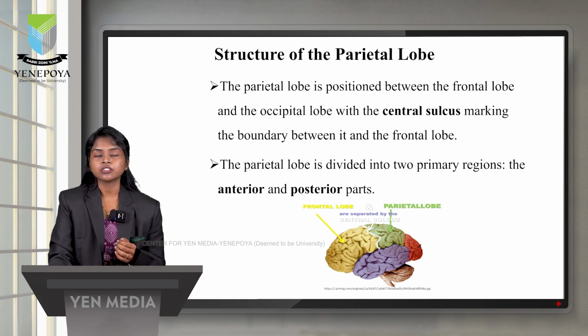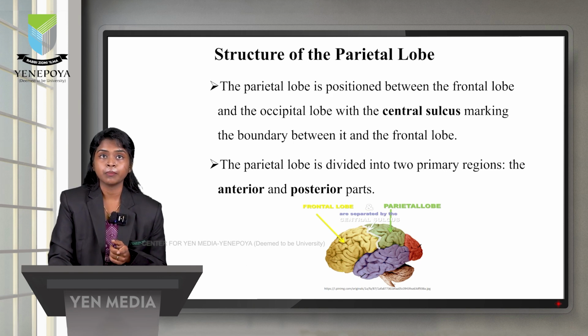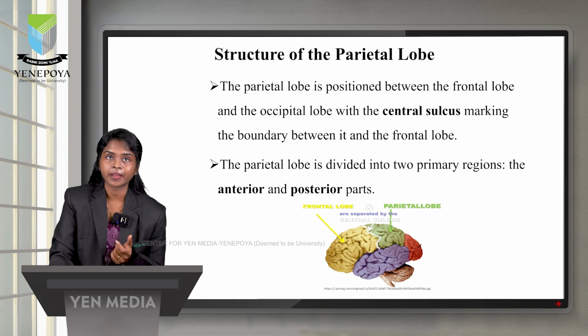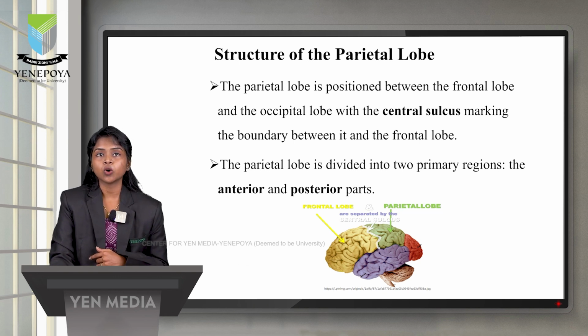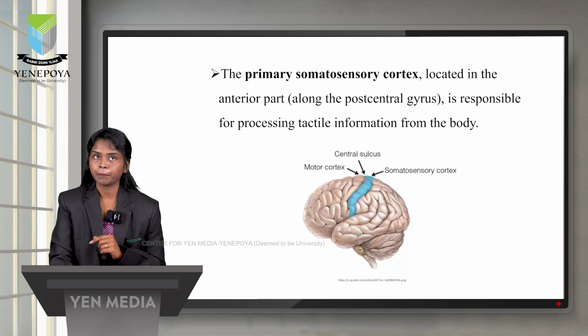Now the structure of the parietal lobe. It is positioned between the frontal lobe and the occipital lobe. You can visualize in this image where it is located, with the central sulcus marking the boundary in front of the frontal lobe. The parietal lobe is divided into an anterior part as well as a posterior part.